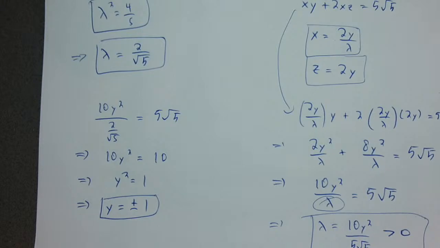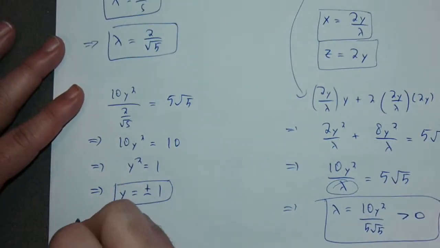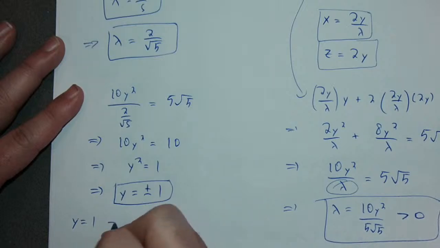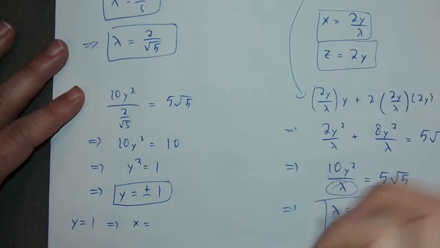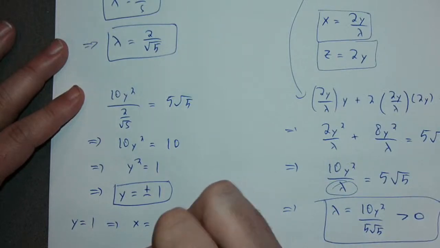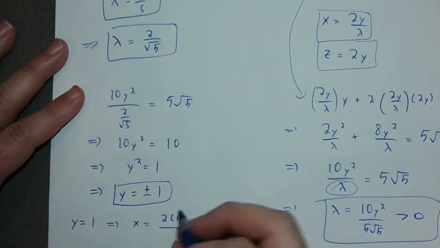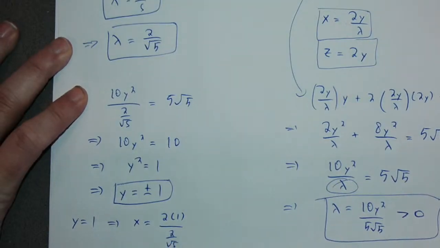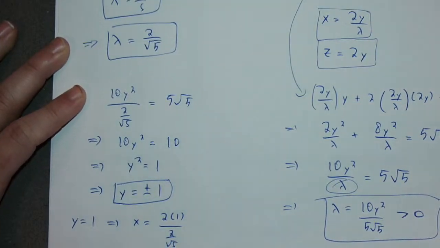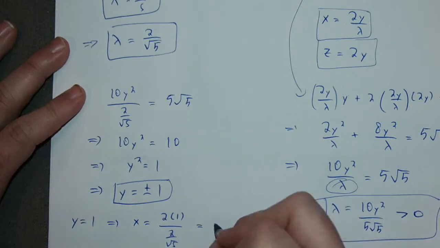So I have two cases I have to check. But look, I have very nice relations. I have x and z in terms of y here, so this isn't too bad. If y is equal to 1, this means that x is 2 times 1 over lambda, which we found to be 2 over root 5, so this is just root 5.